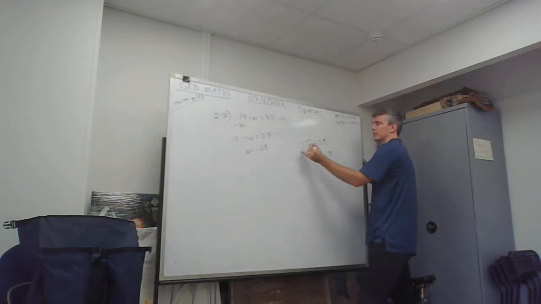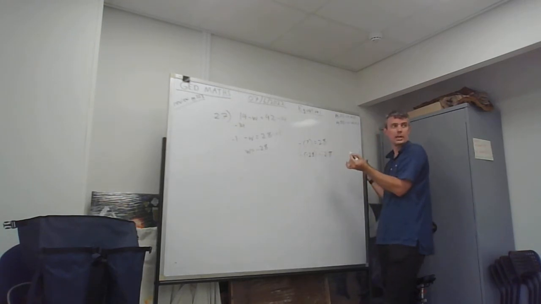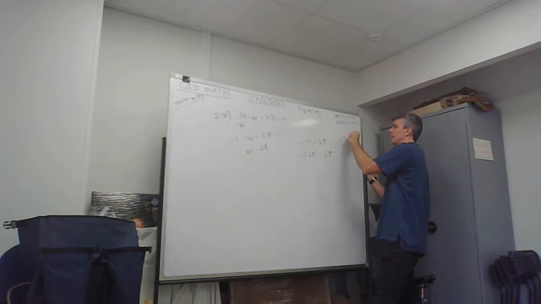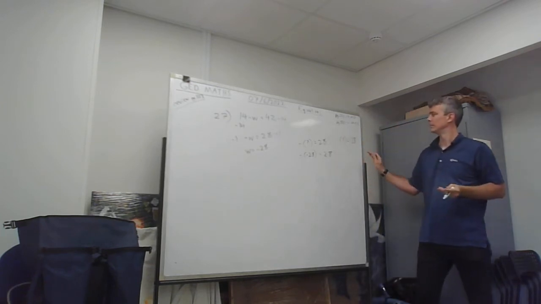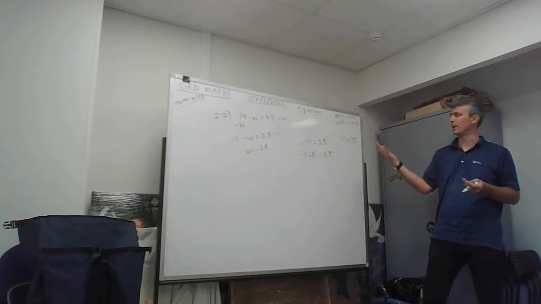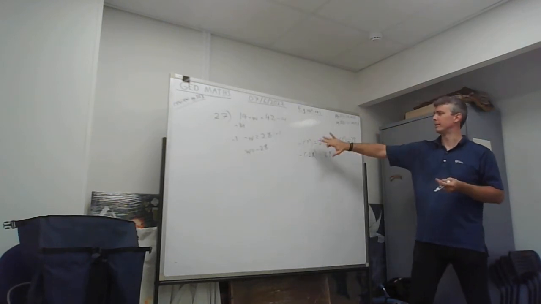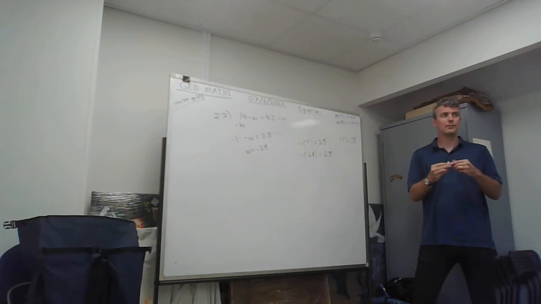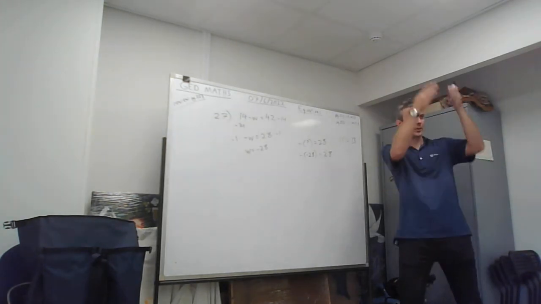So negative something equals negative 28 is the same as saying something equals negative 28, because the signs are flipping. So we multiply it through by minus 1, everything flips. Whatever is on, we turn off, whatever is off, we turn on.